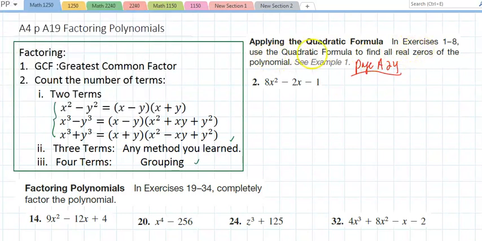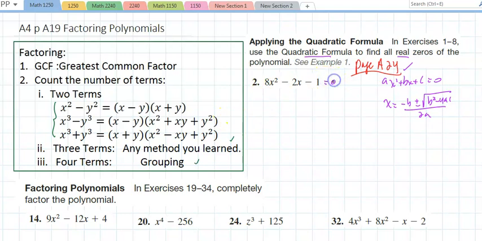Directions: use the quadratic formula to find all the zeros. If you recall, given ax squared plus bx plus c equals 0, x equals negative b plus or minus the square root of b squared minus 4ac all over 2 times a. So if I come across a problem that doesn't factor, and this is on page 824, I would really use the quadratic formula.